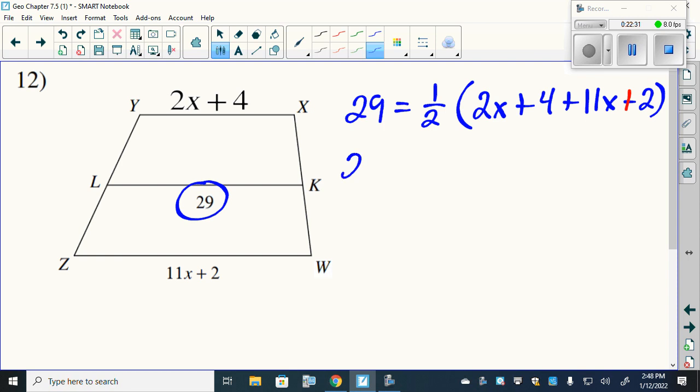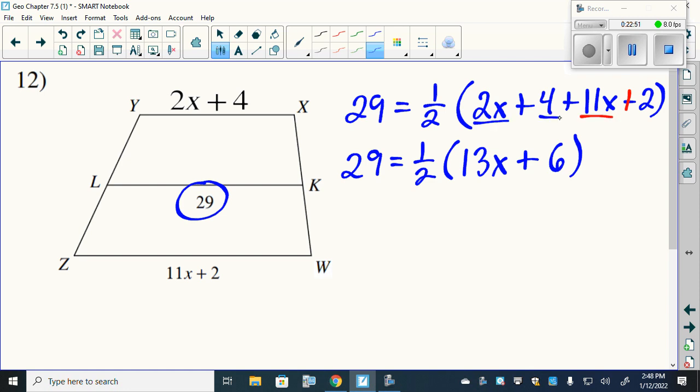So we'd still have the 29 equals 1/2 times 13x plus 6. Because our 2x and 11x would add together to be 13. Our 4 and 2 would add together to be 6.